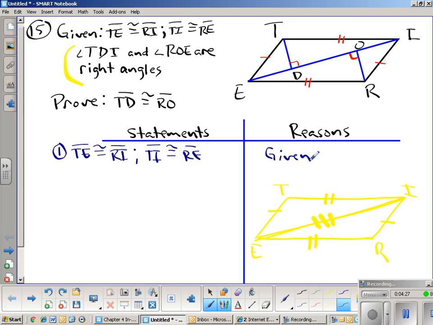Now I know there's more given than that, but that other given has nothing to do with this, does it? So this is one of the rare times that I actually don't put all the given in together.